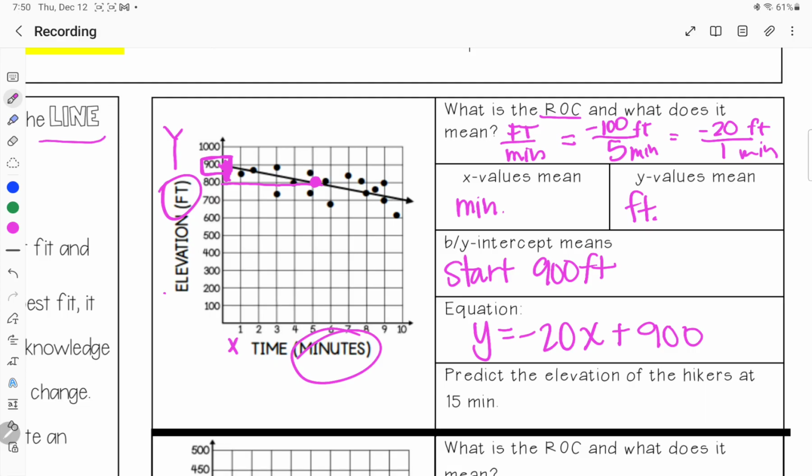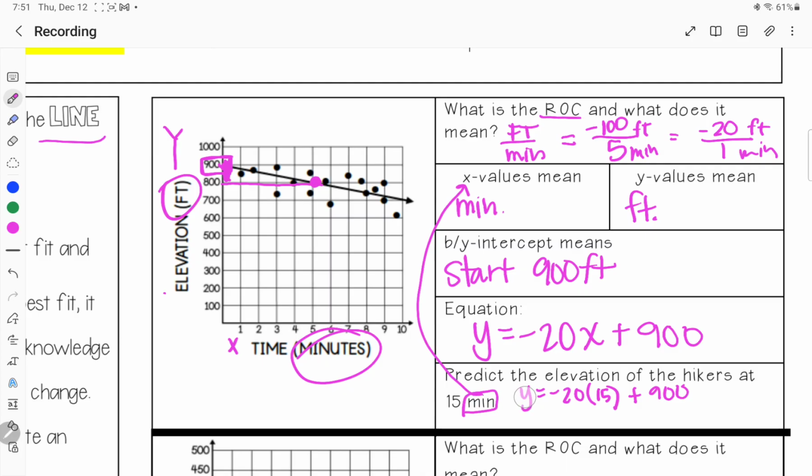That being said, what we need to do is figure out and predict the elevation of our hikers after 15 minutes. Well, my minutes were my x values. So that means we're going to be replacing that. So we would say y equals negative 20 times 15 plus 900, since x is now 15.